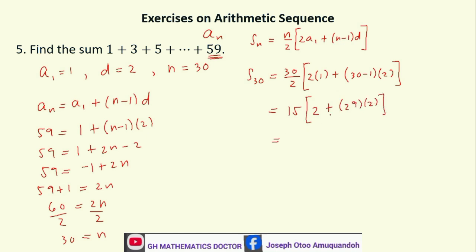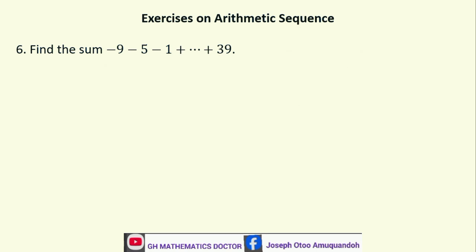So brackets first. Deal with the brackets before you multiply by the 15. Alright, so 15 times 60, and our sum of the arithmetic sequence in this question is going to be 900. That is it. Let's go to the last example.